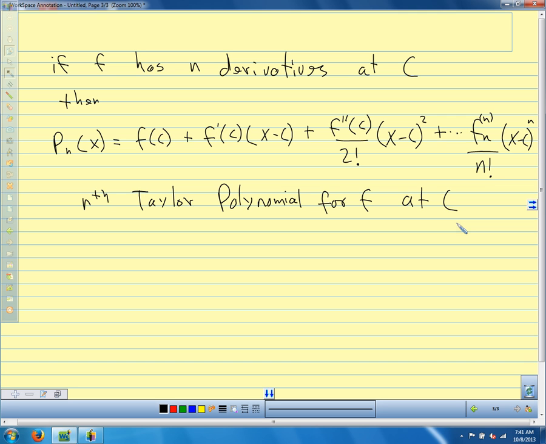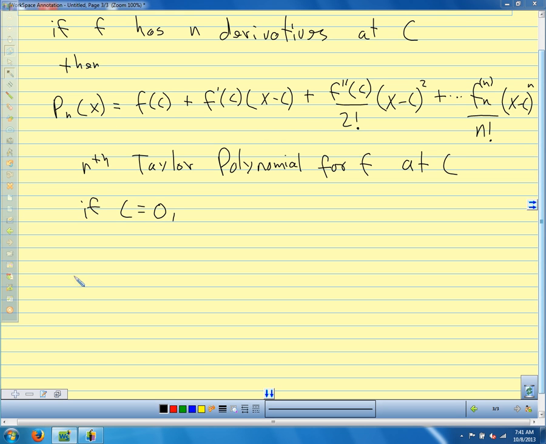And depending on the function, if we're looking for an approximation near c equals 0, then we get the Maclaurin polynomial. And that simplifies our notation a little bit.